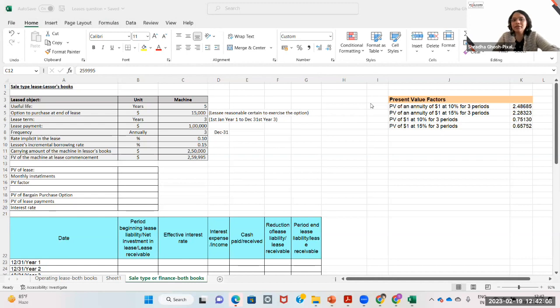And why do you say that? Why do you say that this is a finance lease? Because there's an option to purchase, right? So the O of STOPS is being met. The moment an O is met, I know it's a sale type lease for the lessor and the finance lease for the lessee. One second, guys.